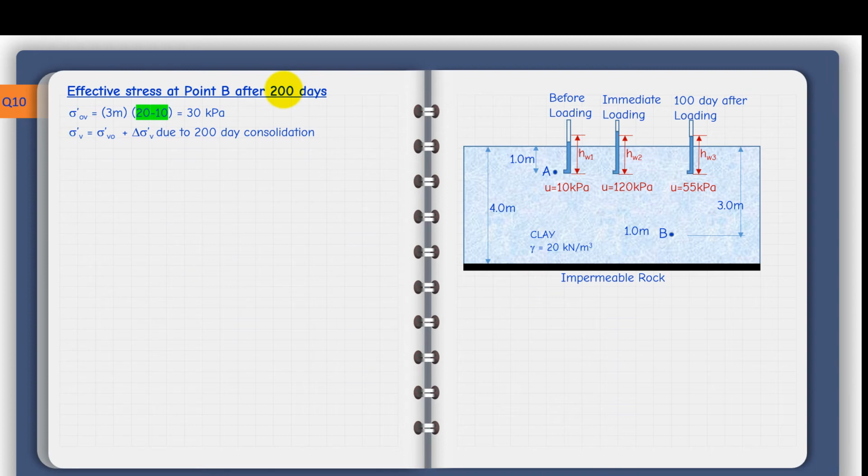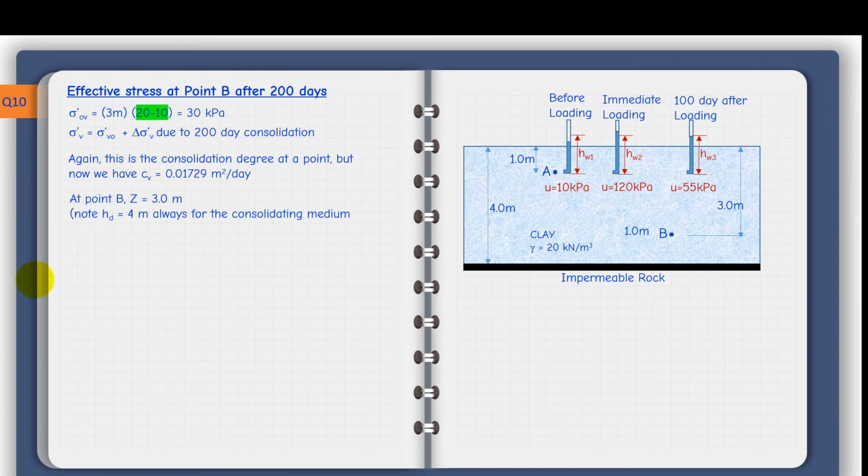Sigma dash V after 200 days is basically the summation of the in situ stress plus any increase in the effective stress that this point B will feel due to the 200-day consolidation. It's exactly like what we did at point A, except that we now have the coefficient of consolidation 0.01729.